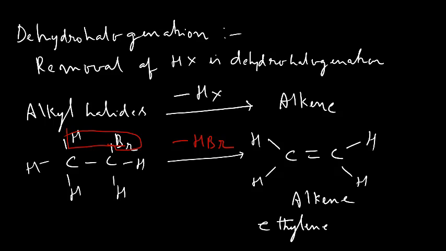So when haloalkanes undergo dehydrohalogenation, we get the product as alkene.